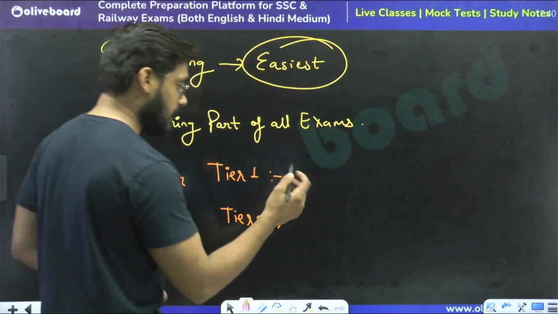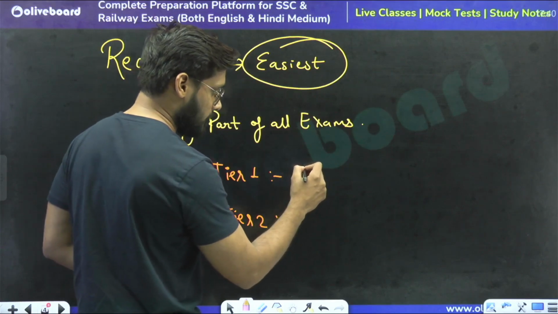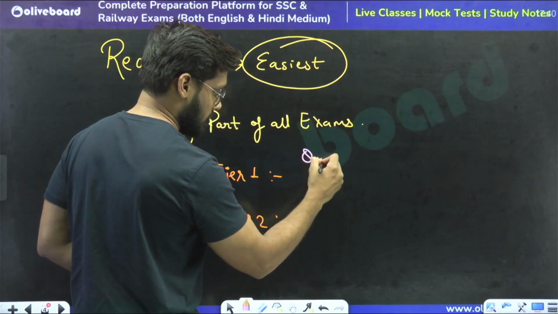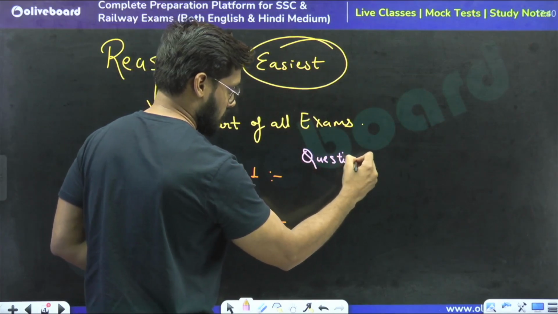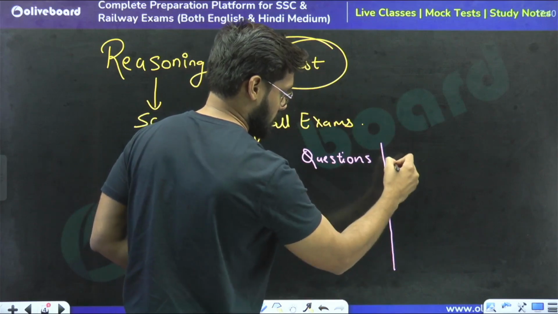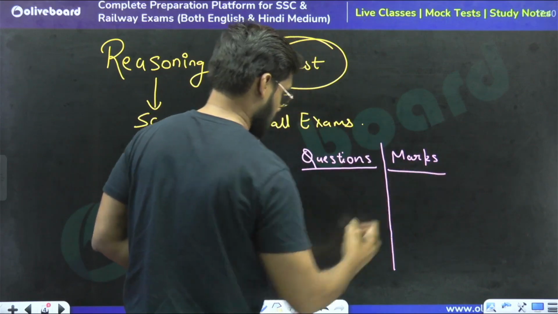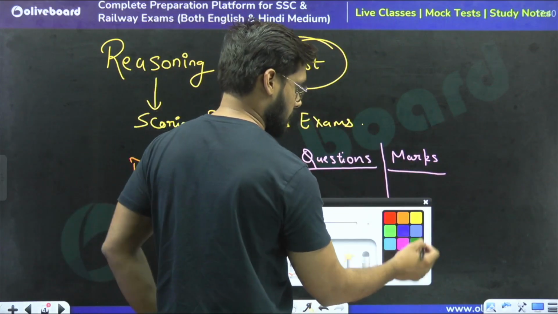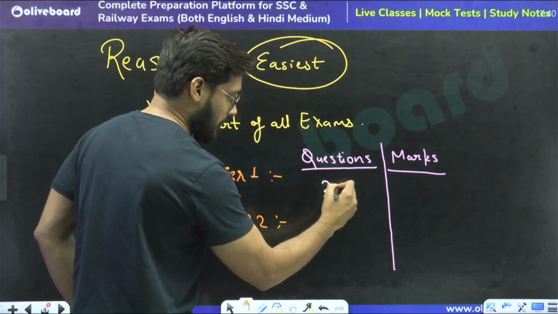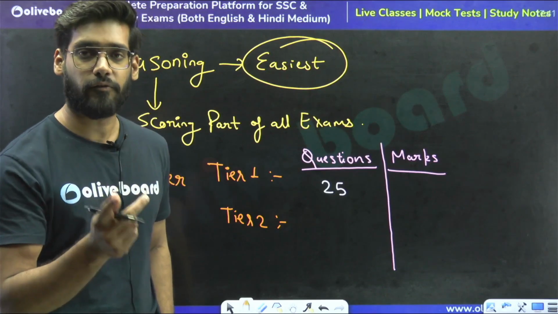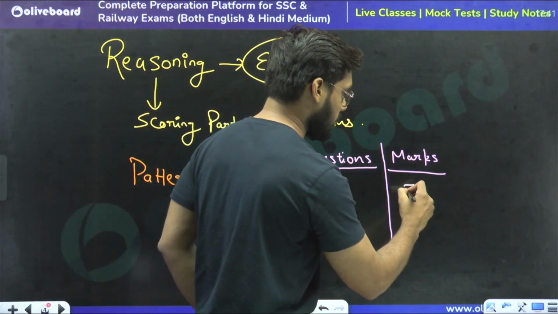In tier 1 we get 25 questions. Each question is of 2 marks and the total marks are 50.